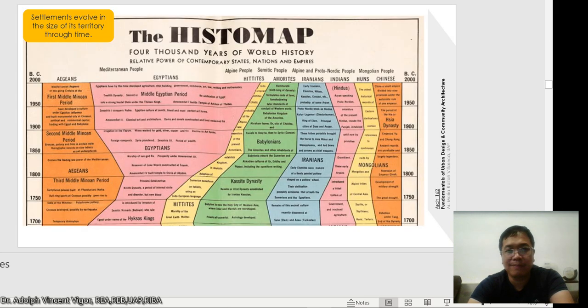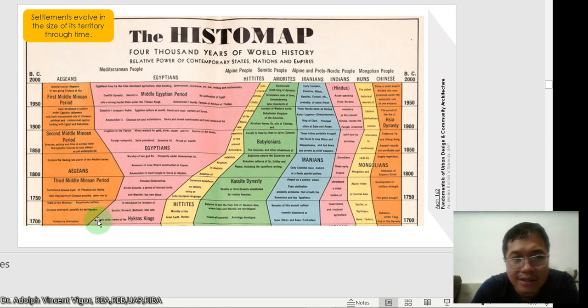So this is the histomap of the 4,000 years of world history. Settlements evolve the size of their territory through time. For example, here from 1700 BC for the Aegeans.